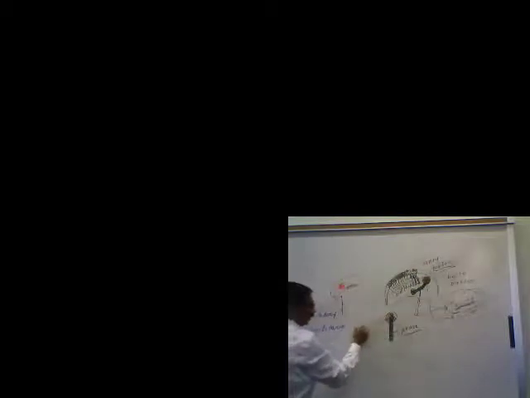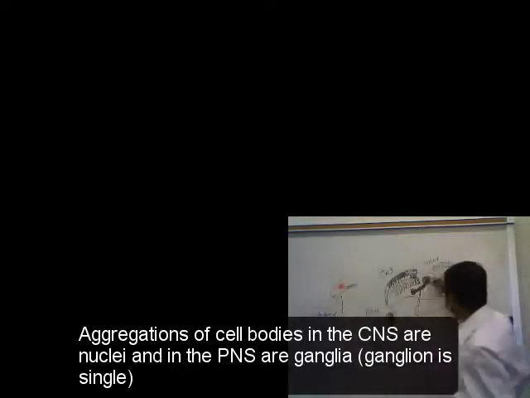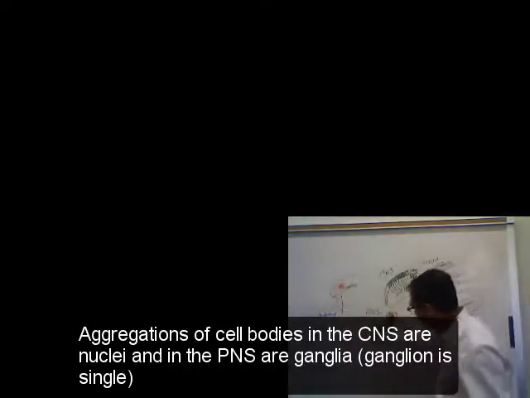Okay. Now, a cluster of neurons in the peripheral nervous system is called a ganglion, not nuclei. So in this case, ganglion. Exactly the same thing. This is the peripheral nervous system. This is the central nervous system. In the central nervous system, it is called nucleus. In the peripheral nervous system, it is called ganglion.